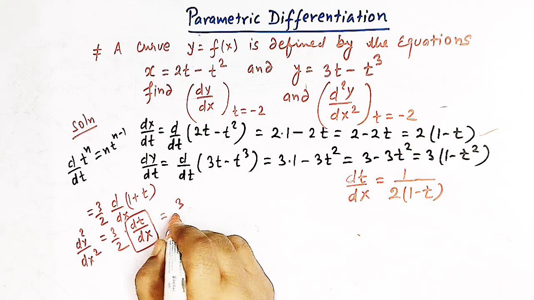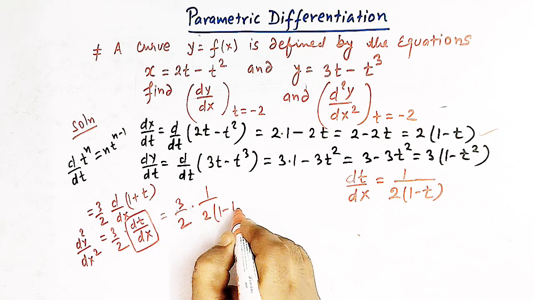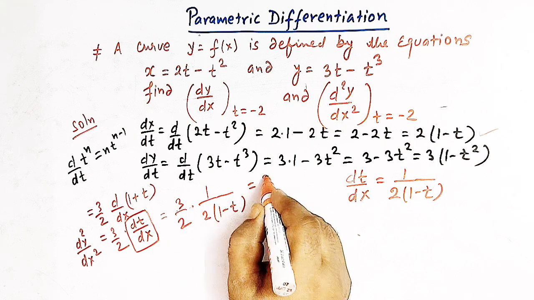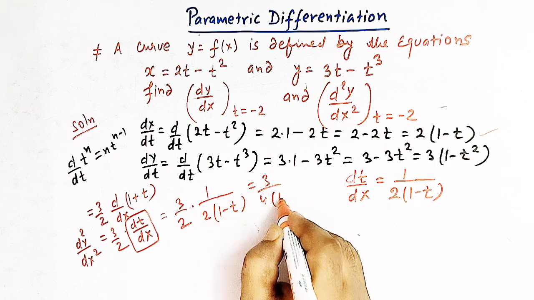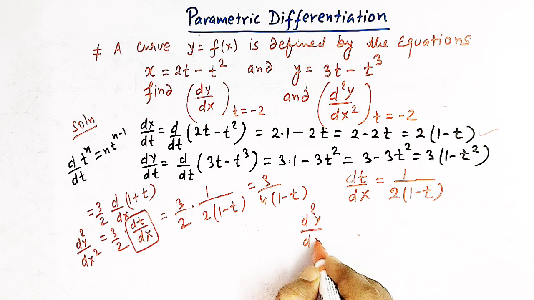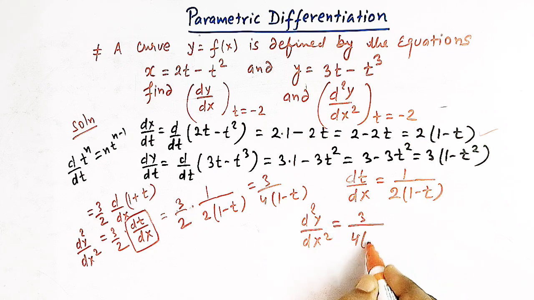So we have 3 by 2 times 1 over 2 and 1 minus t. So this is 3 by 4, and here we have 1 minus t. So the second derivative, that is d2y over dx2, is 3 over 4 times 1 minus t, right?